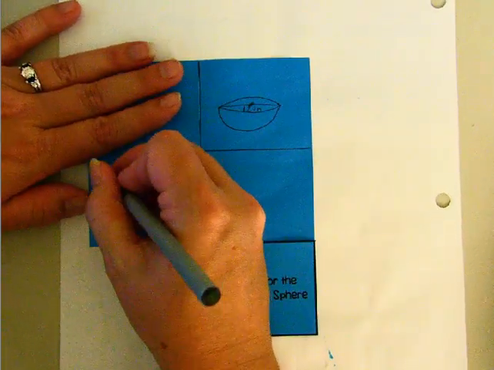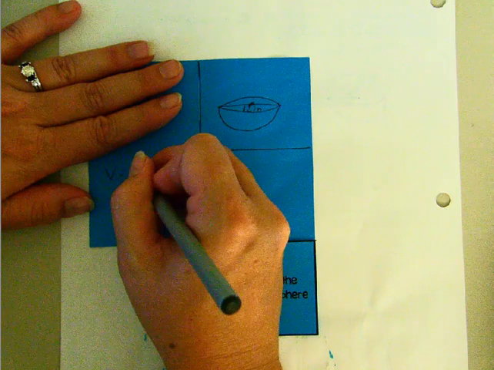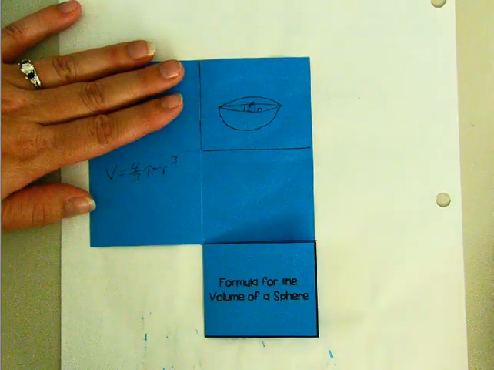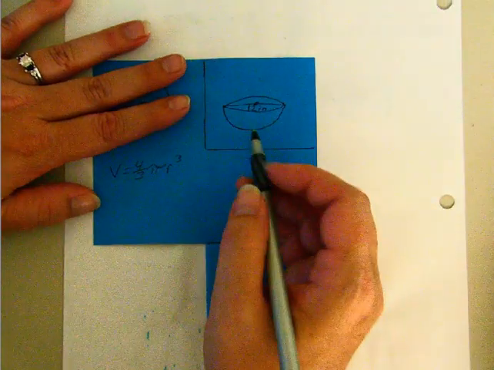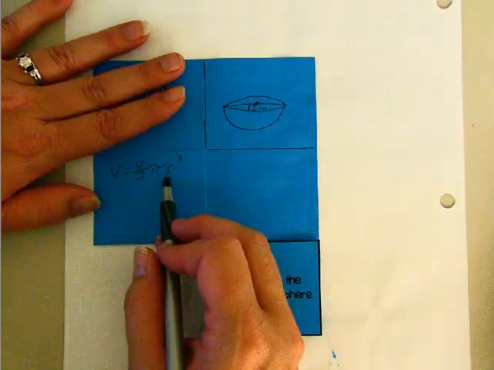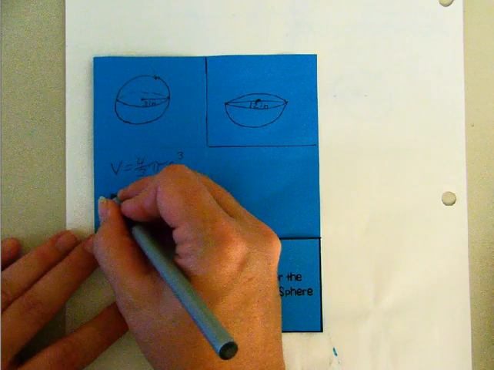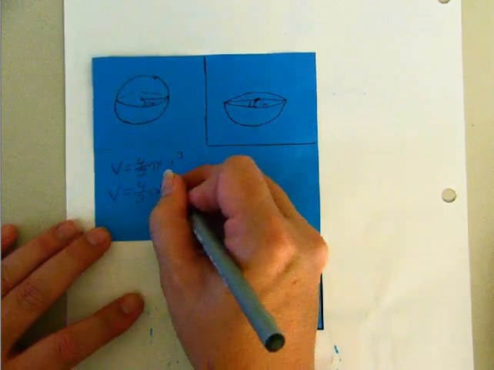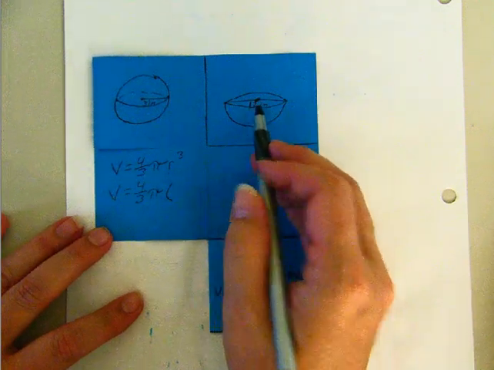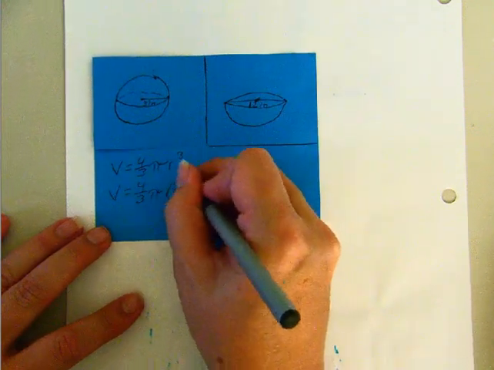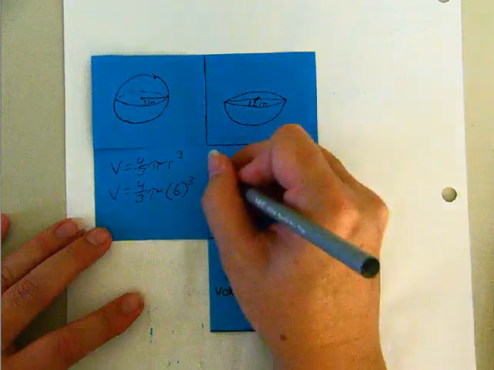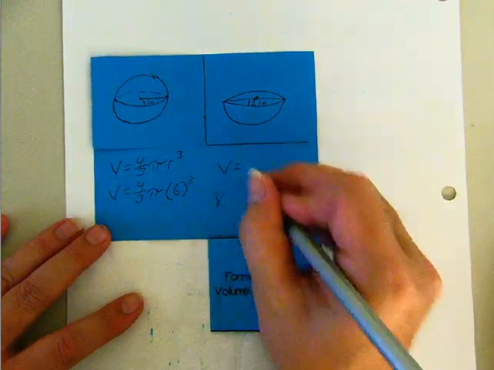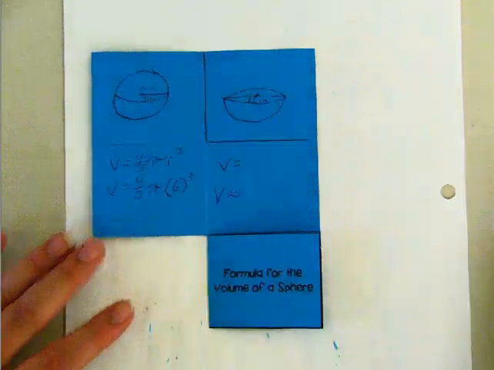Remember, we said volume equals 4/3 pi r cubed. The only thing we have to fill in here is the r. So volume equals 4/3 pi. For this one, the diameter is 12, so r is 6. And that's cubed. We're going to do our answer 2 ways: in terms of pi, so it's exact, and then the decimal approximation.